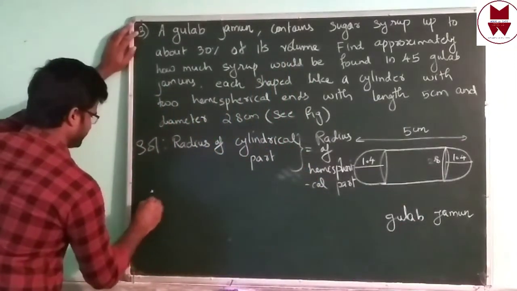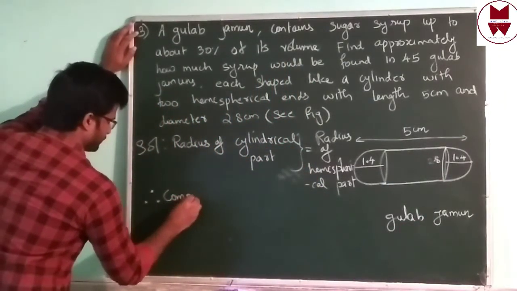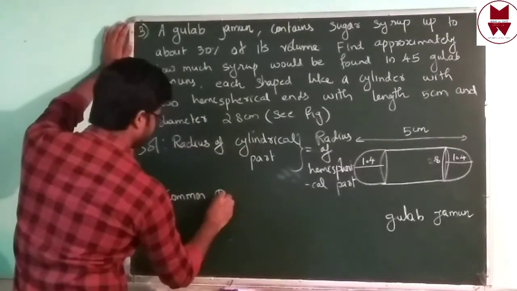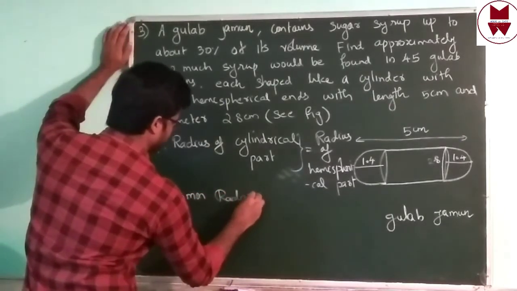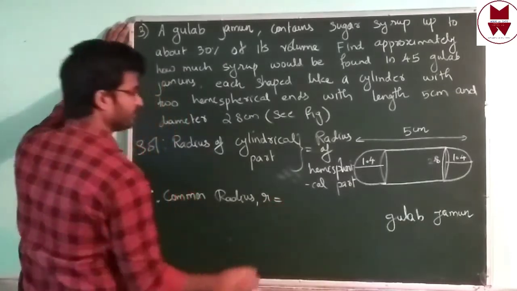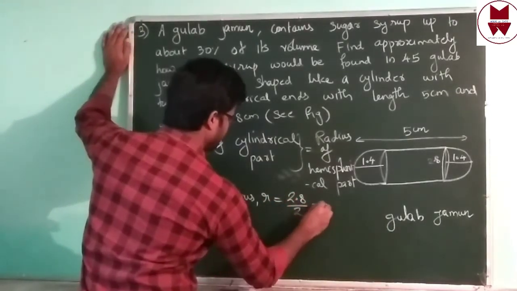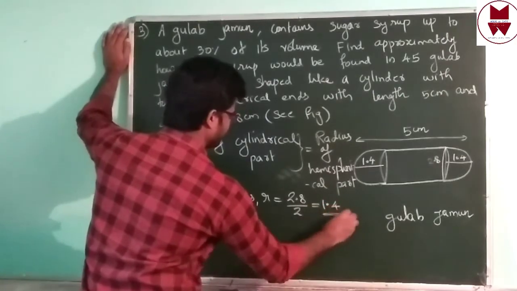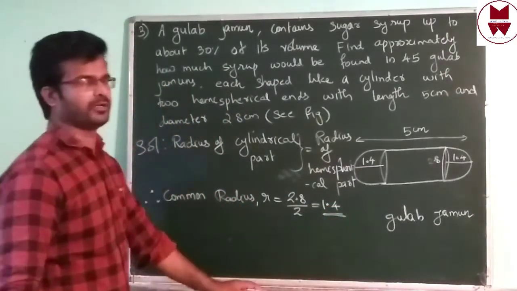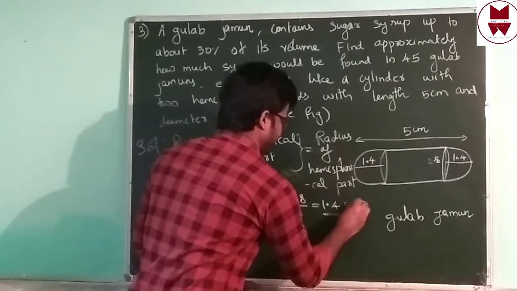Therefore, common radius R equal to 2.8 divided by 2, that is 1.4. Common radius will be 1.4 centimeter.